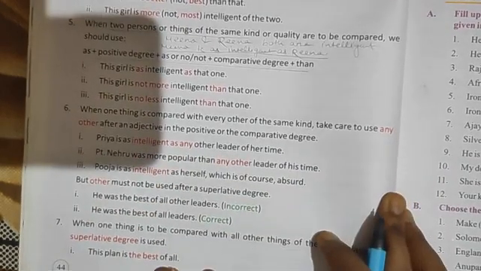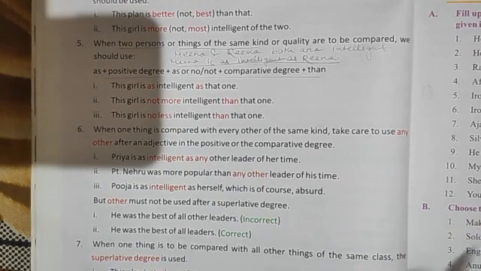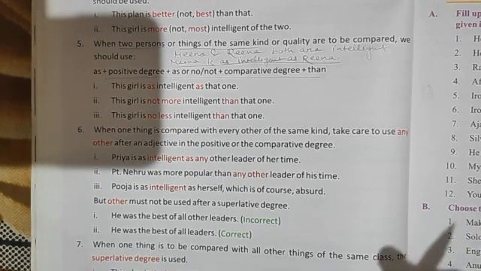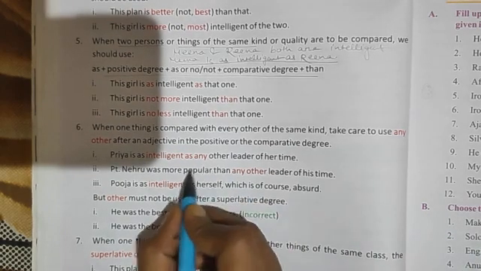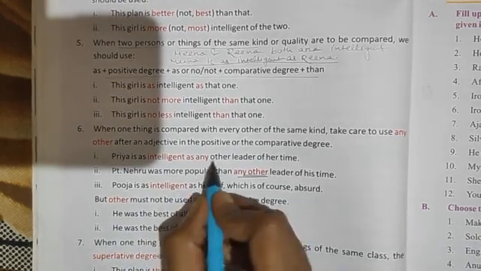Now see, number 6. When one thing is compared with other of the same kind, take care to use any other after an adjective in a positive or comparative degree. Any other. Okay, you will be remembering to use any other.